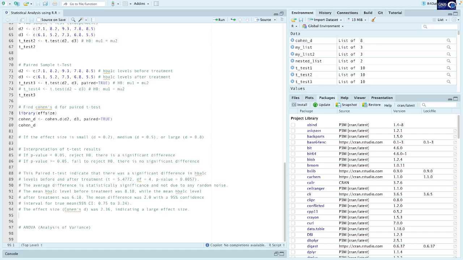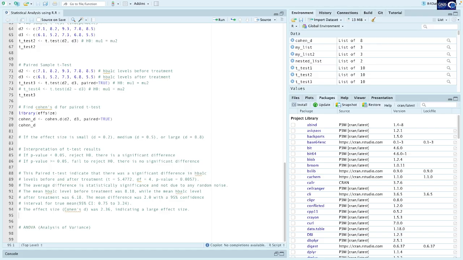And residuals: there are 60 observations, so 60 minus 1 minus the others, 60 minus 6, that is 54.